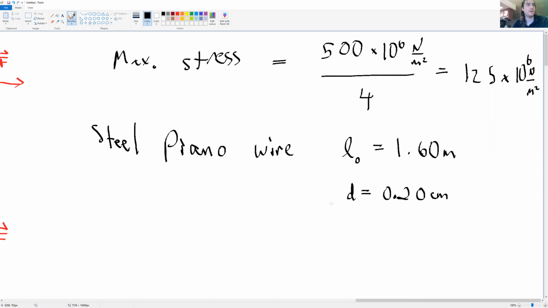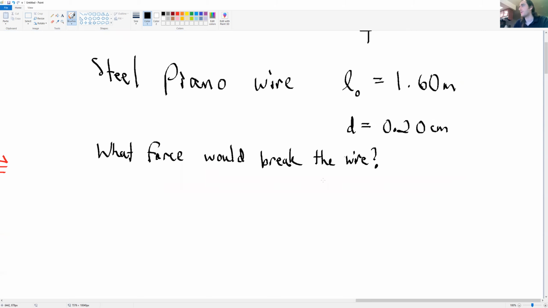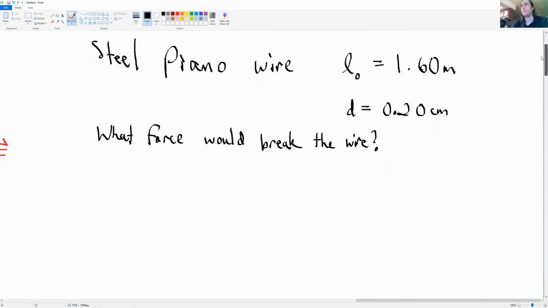We're going to use that to calculate the area. And they ask what force would break the wire. So the maximum stress, the ultimate strength of the material, is a force over the area.